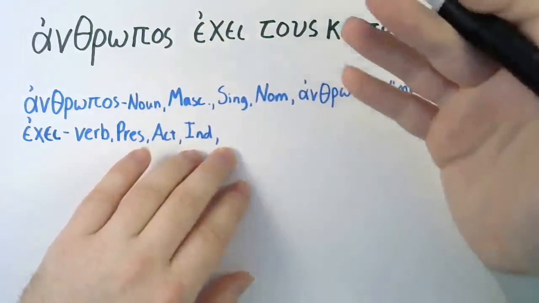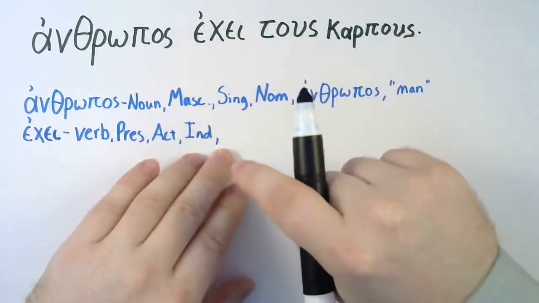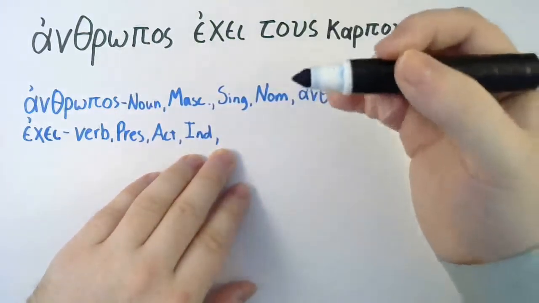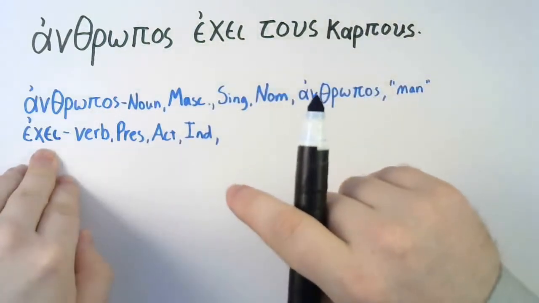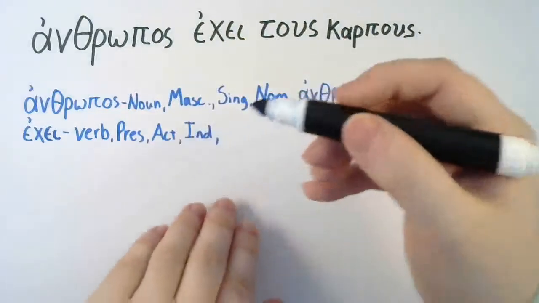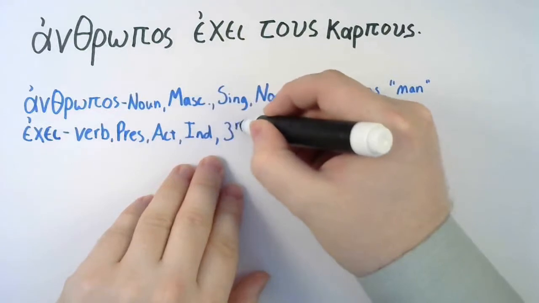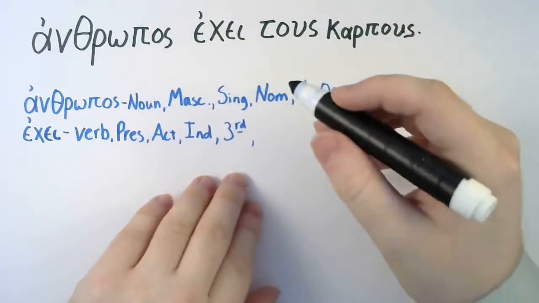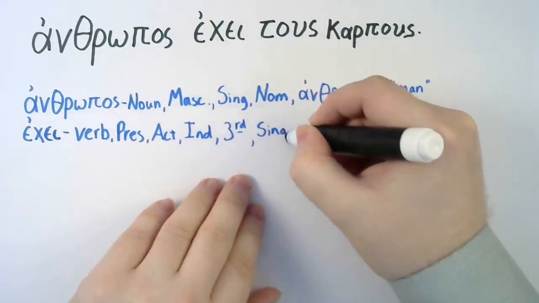There's a good time to rattle off your endings for the present active indicative verb: o, eis, ei, omen, ete, ousi. Remember that? Eke is a third person, see, o, eis, ei. It's a third person singular. So it is a third person. And the next thing I was going to ask you is its number, which is singular.